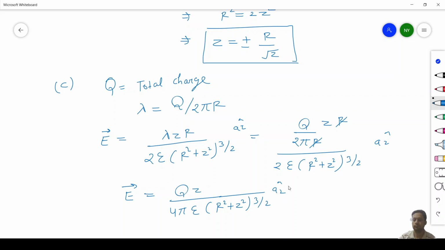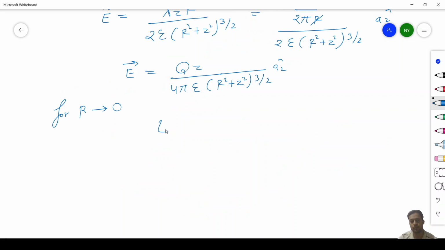Now putting r tends to 0, the r square term will be neglected.